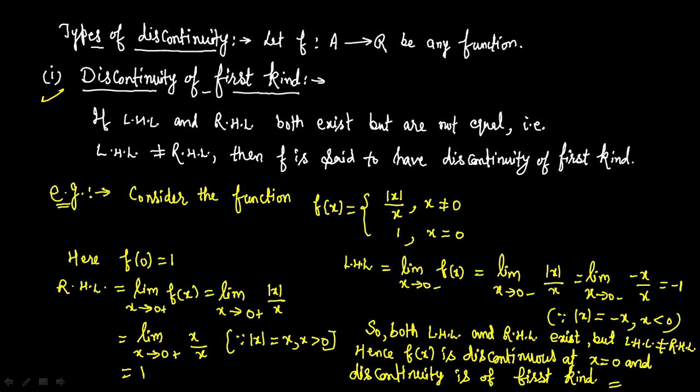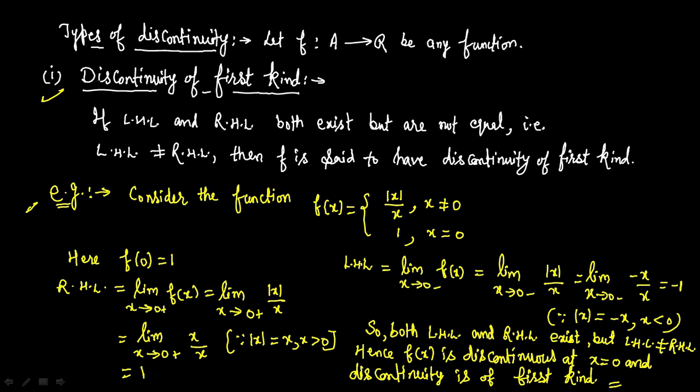I told you that we will take some cases of discontinuity according to the definition. So if LHL and RHL both exist but are not equal, that is LHL not equal to RHL, then f is said to have discontinuity of the first kind.